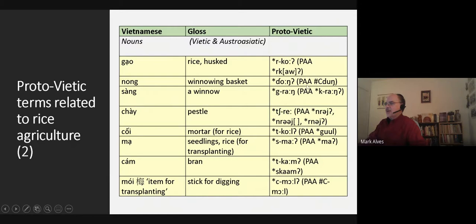These are Austroasiatic words, and so we definitely have, I think, very good evidence that Vietic people have been growing rice for thousands of years, at least a few thousand, and certainly Austroasiatic for longer than three, maybe 4,000 or something.